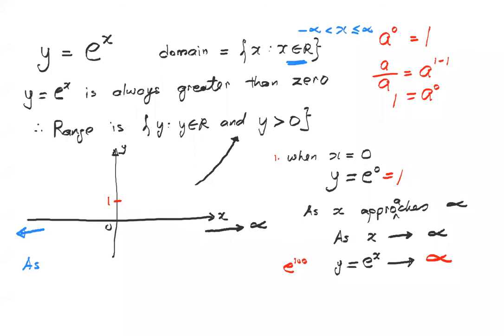When I present my answer later, I'm not going to do like that. As x approaches negative infinity, you tell me what happened to the value of e to the power x. Approach what value? Negative infinity? Let's see.